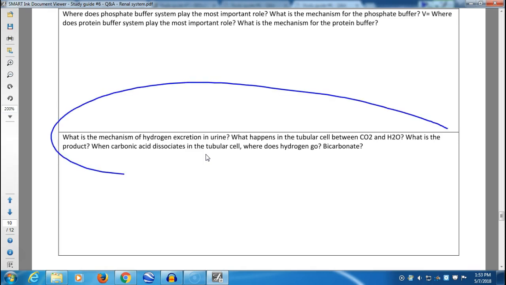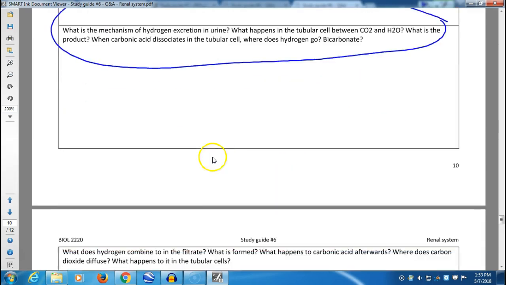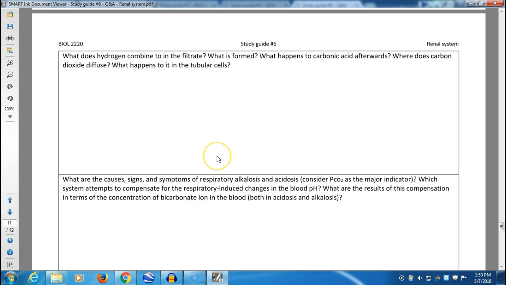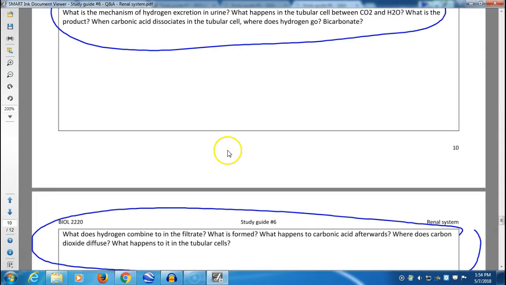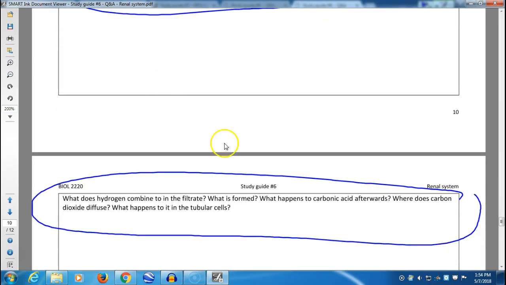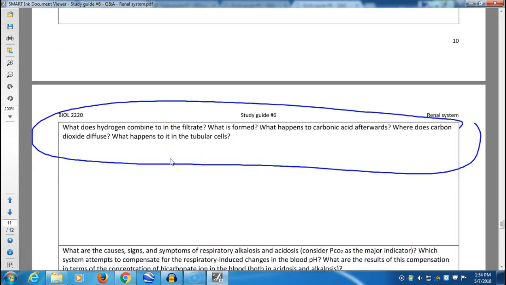So we got this. Basically, if you answer each tiny little question here and here, it's the acid-base balance in the kidneys.